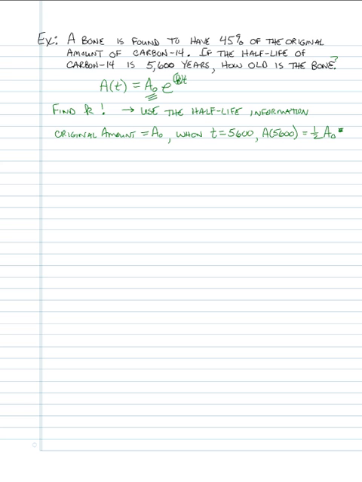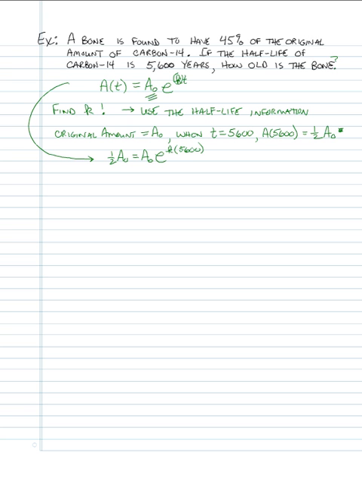When t is equal to 5,600, what would our model look like? We would have 1/2 the original amount, a sub 0, times e to the power k times 5,600.